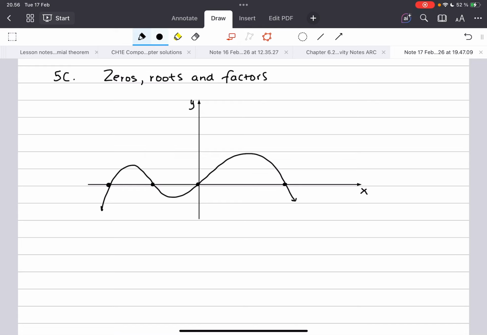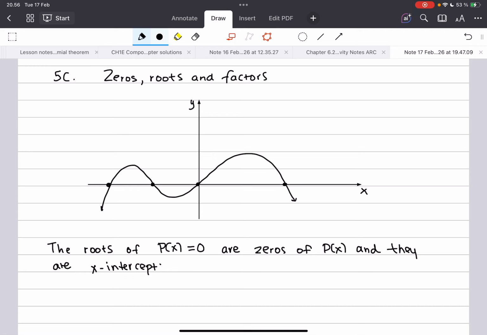So we say that the roots of p of x equal to 0, we call them zeros of p of x, and they are x-intercepts of the graph of p of x.